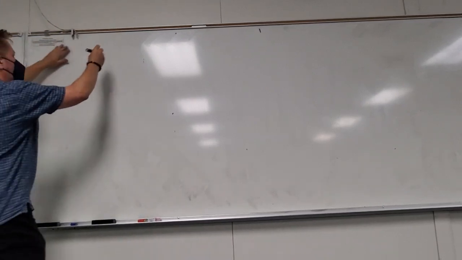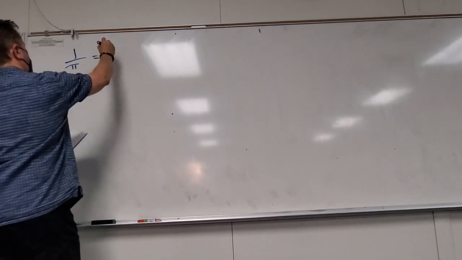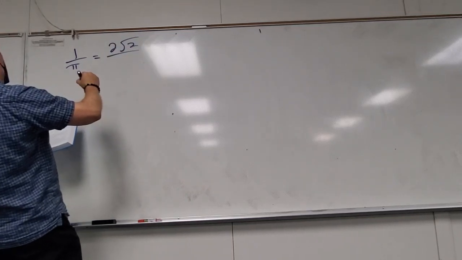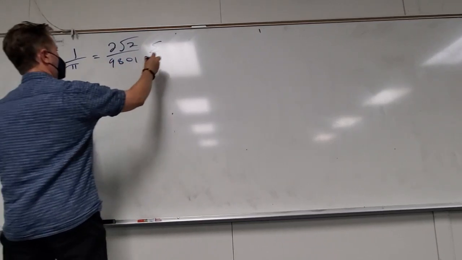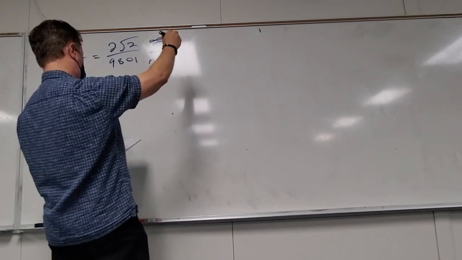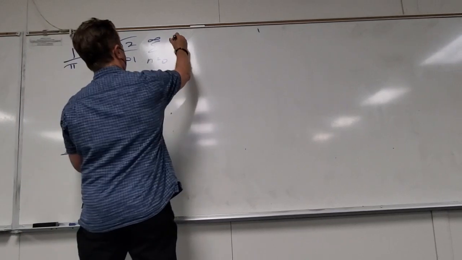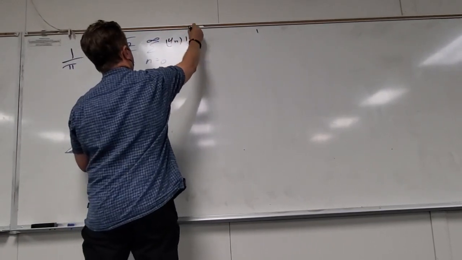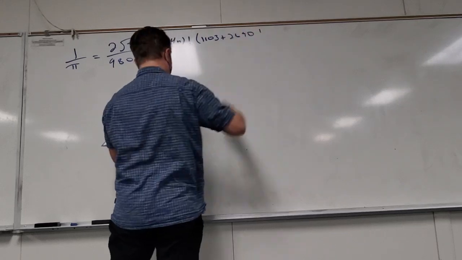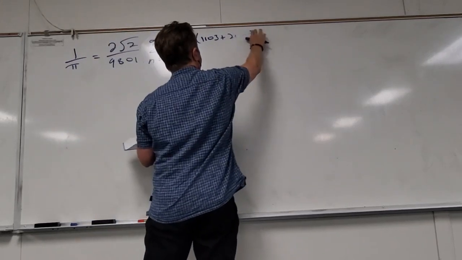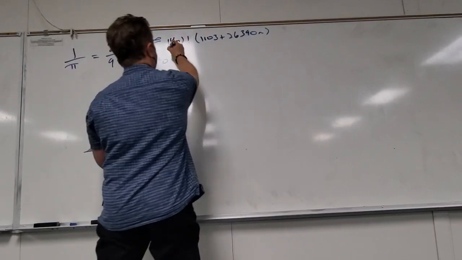So he discovered that 1 over pi can be represented as 2 root 2 over 9801, the sum of (4n)! times (1103 plus 26390n) over (n!)^4 times 396 to the 4n.